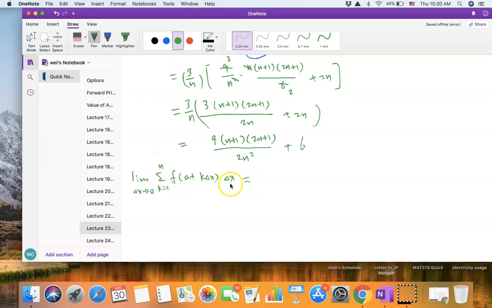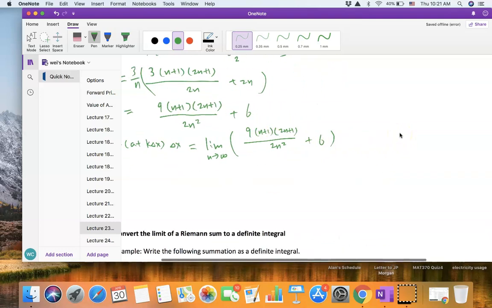The limit of this summation is equal to the limit as n approaches infinity of 9 times n plus 1 times 2n plus 1 over 2n squared plus 6.